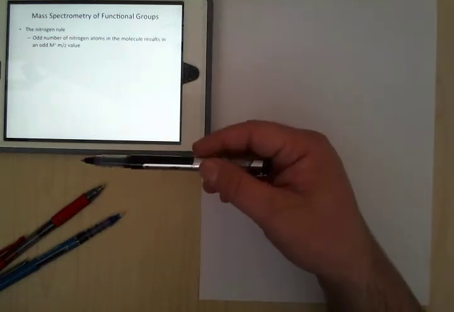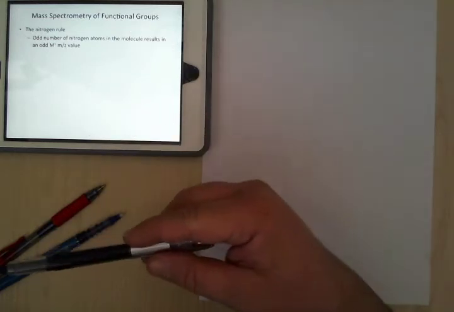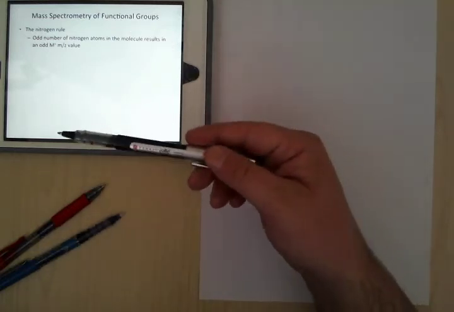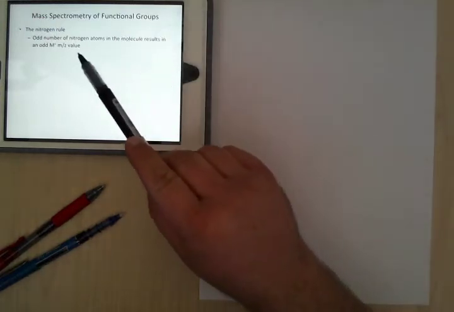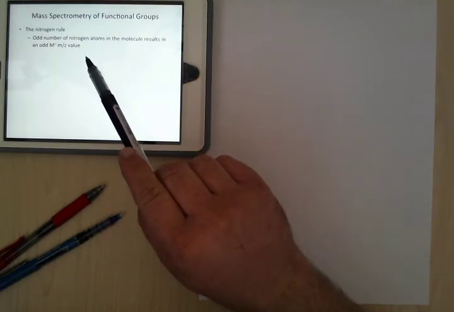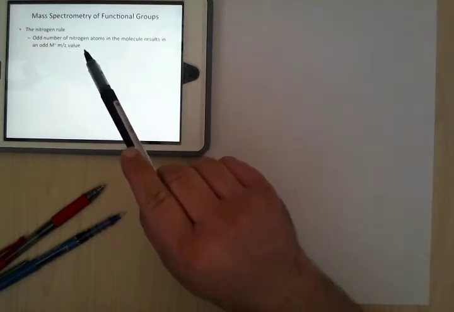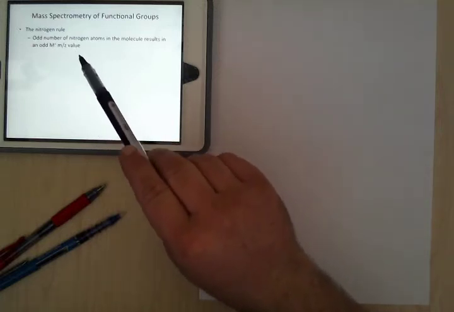If you have an even M+, that means you could have nitrogens, you just have an even number of them. So do be careful: if you ever see an odd M+, then you at least have 1 nitrogen in there.